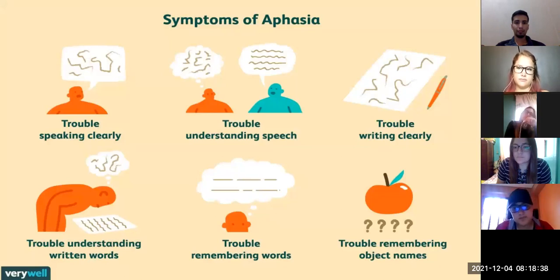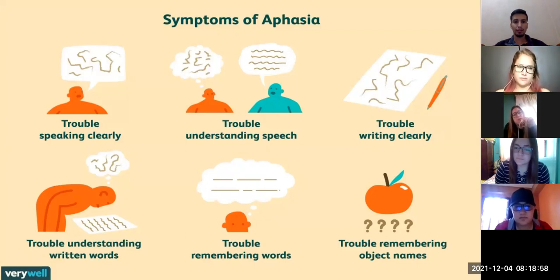About the symptoms of aphasia, I will talk briefly because my partners will explain a little more detail. So, what are the symptoms of aphasia? The symptoms of aphasia depend on which type of aphasia a person has.